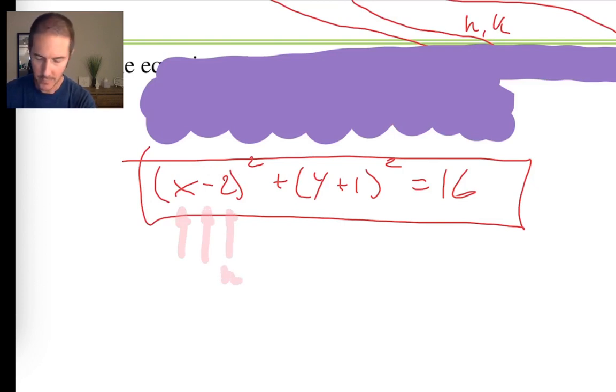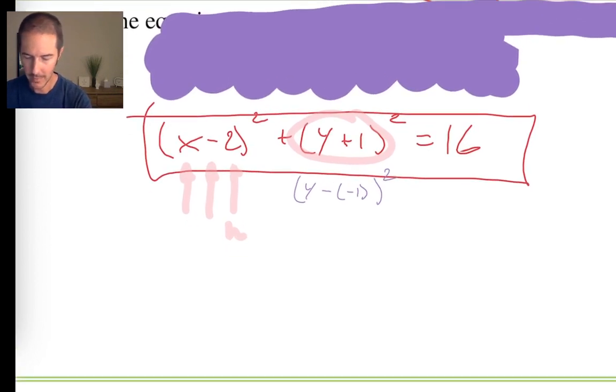So that's your h value. And remember, this does not say y plus 1. This says y minus -1 squared. So if we use the same sort of rhythm to analyze this, it says y minus k. So your k value is a -1.